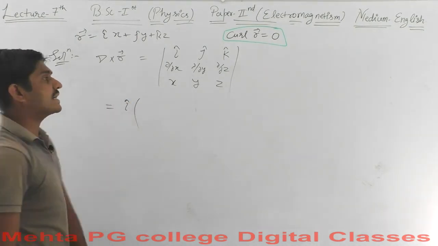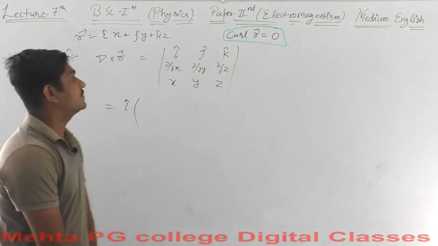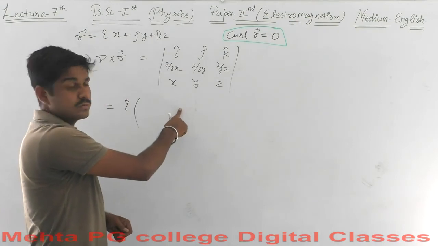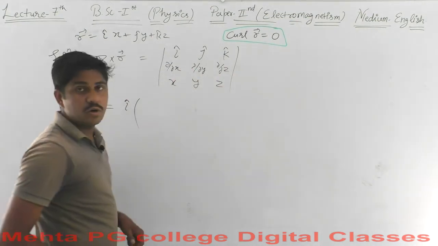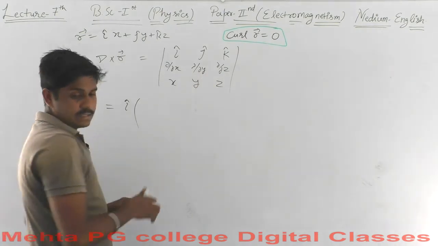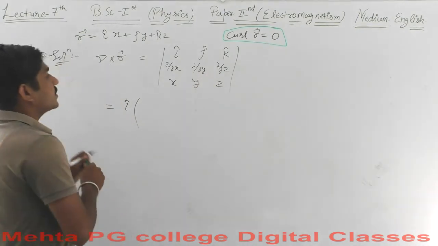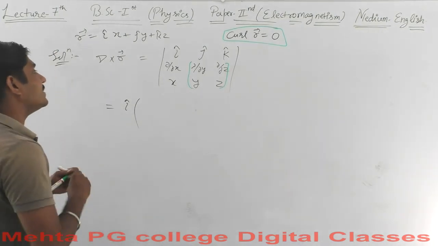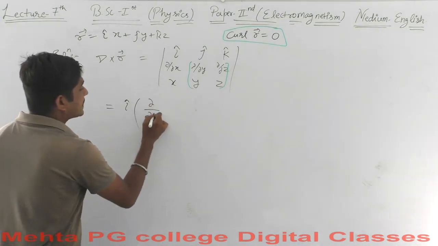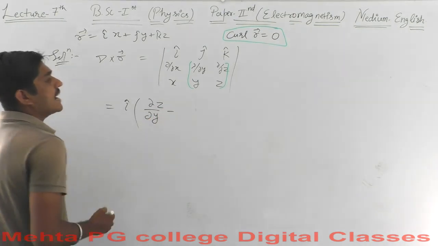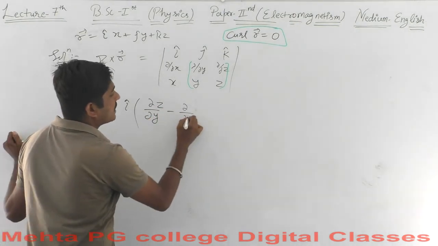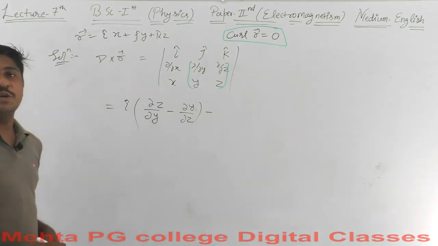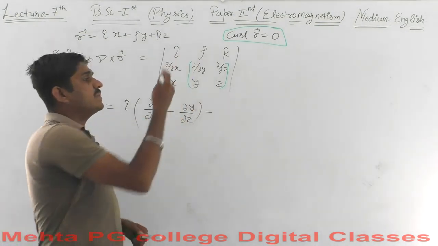First we take the unit vector i cap, and for this we neglect its row and column, and proceed with the remaining two. So what will it be? Curly over curly y for the function z minus curly over curly z for the function y.